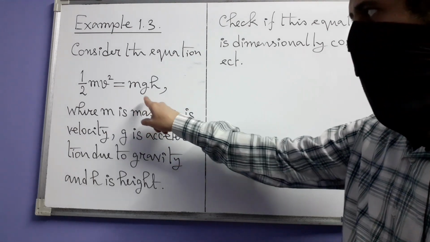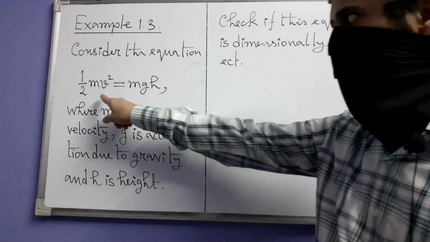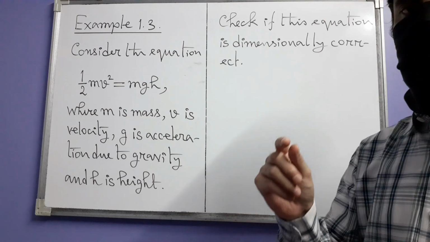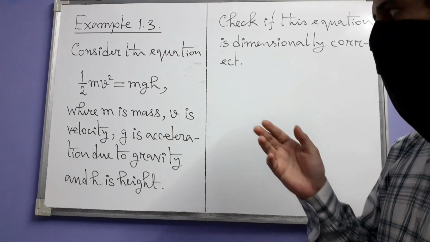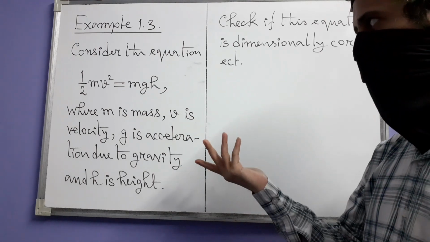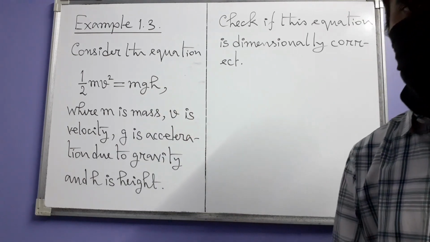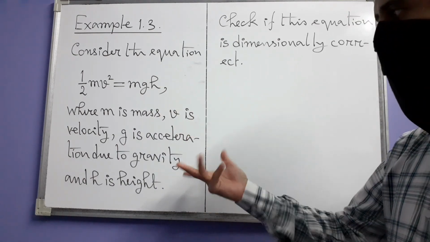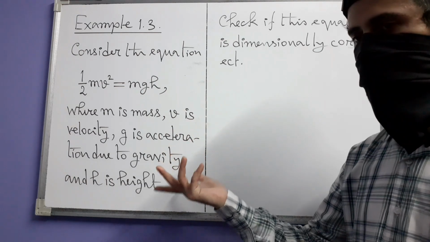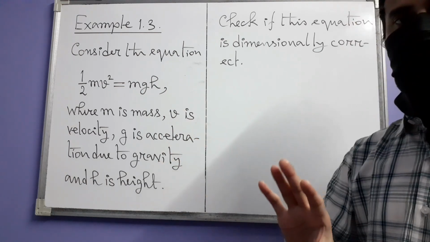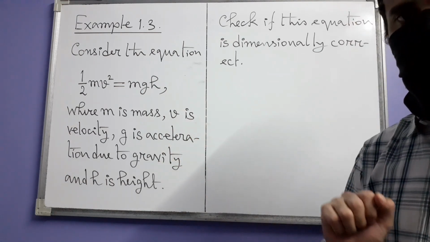The equation here is this: 1/2 of m v square equals m g h, where m is mass, v is velocity, g is acceleration due to gravity, and h is height. In what context these quantities are being considered, we are not going to go into, because that's not the purpose here.